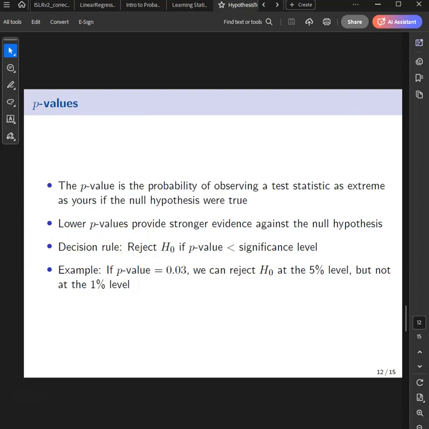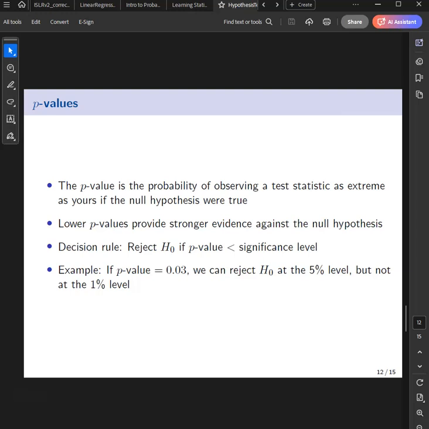A related thing in this context is the p-value. The p-value offers an alternative way to think about hypothesis testing. It is the probability of observing a t-statistic as extreme as yours if the null hypothesis were indeed true. Lower p-values provide stronger evidence against the null.